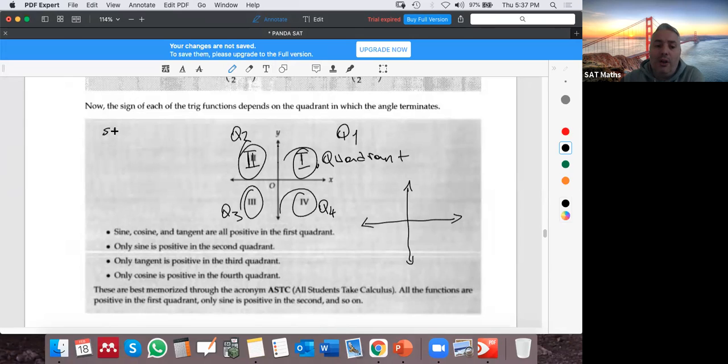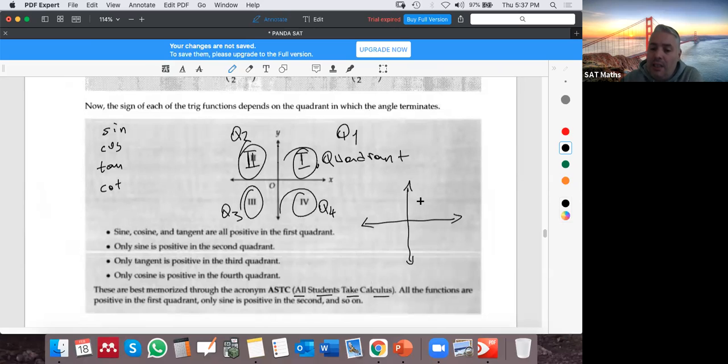So we have sine, cosine, tangent, cotangent, this stuff. Now, there is one abbreviation, ASTC, or All Students Take Calculus. What does it mean?